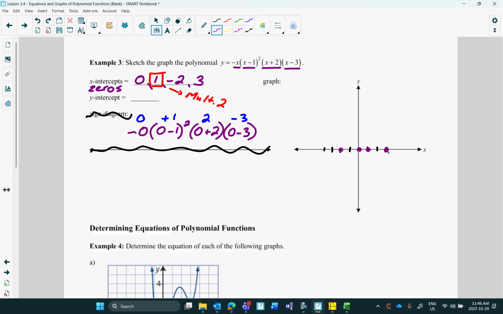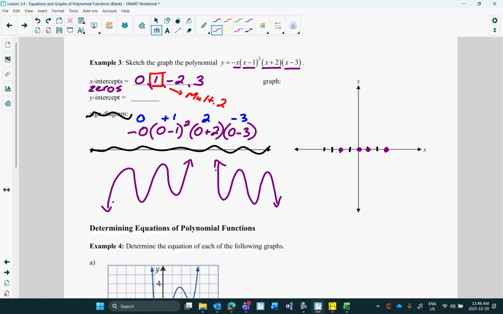Okay. What does a -x to the 5th graph look like? This is where you got to be sort of on your creative side. Like, this is what a positive x to the 5th looks like. Negative, you got to flip it. So it's going to look like this.